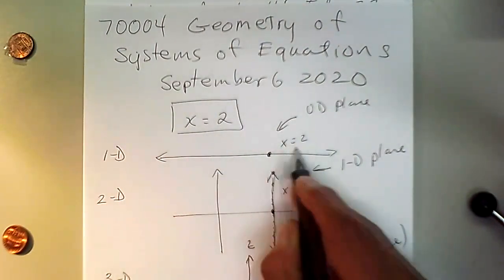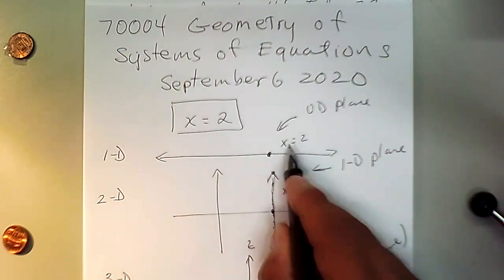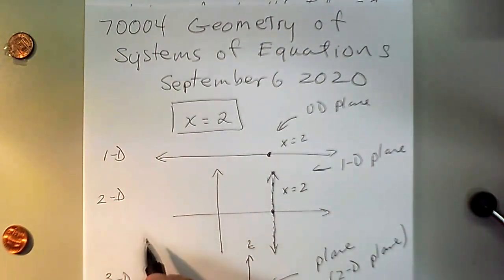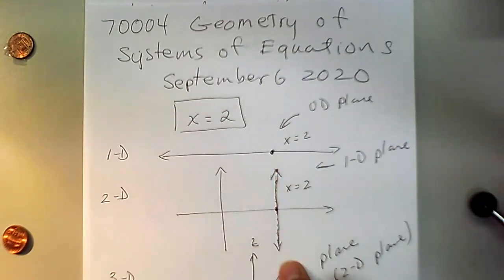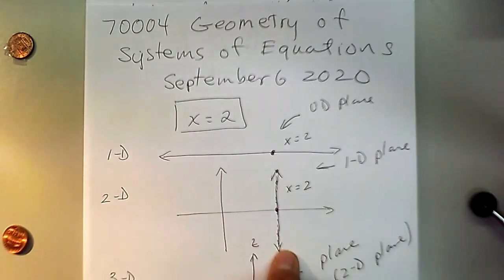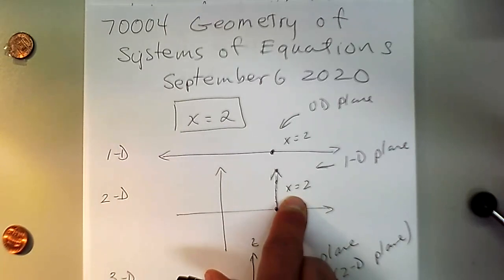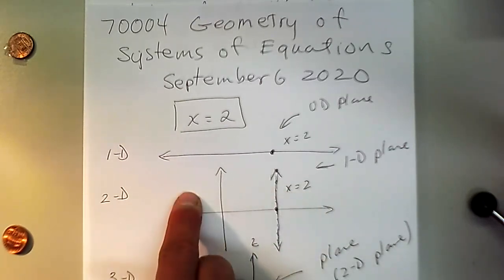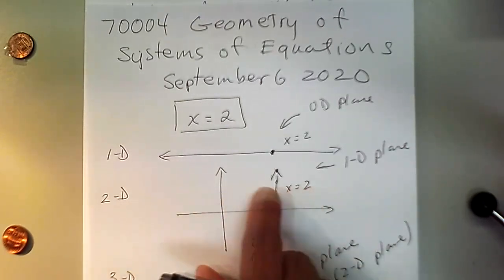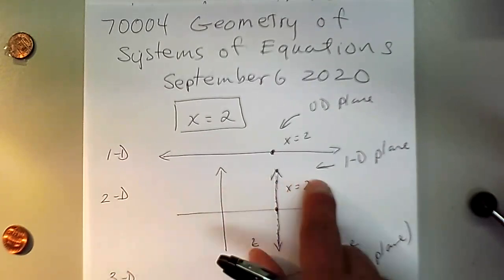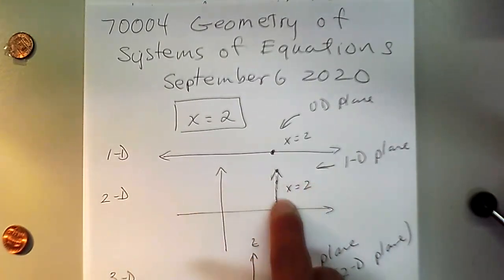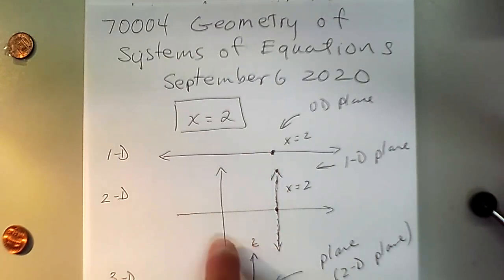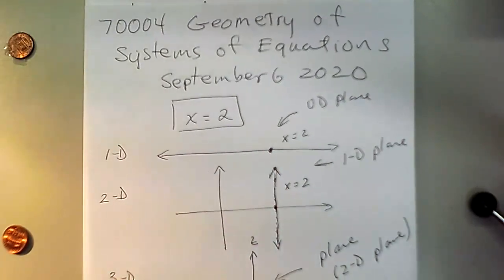So points are just one. In 2 dimensions, lines or planes of dimension 1 may have one variable. If we have y equals 2, then that would represent a horizontal line going through 2. x equals 2 is a vertical line. But you could have x plus y equals 2.